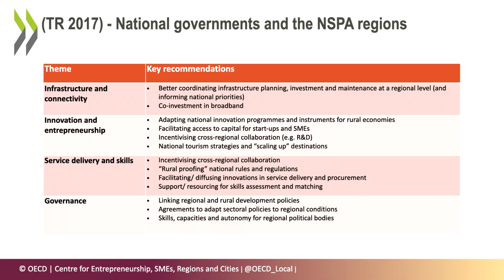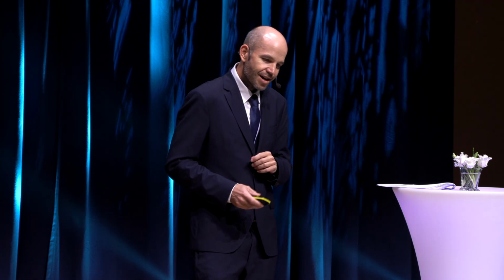The themes that we looked into were essentially around transportation, connectivity, including both the physical and the digital one, how to promote innovation and entrepreneurship, how to better deliver services, both education and health, and then on the governance side. And if anybody is interested in reading this report, we can send you the policy highlights or even the publication if you want.